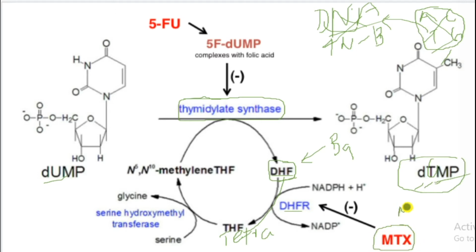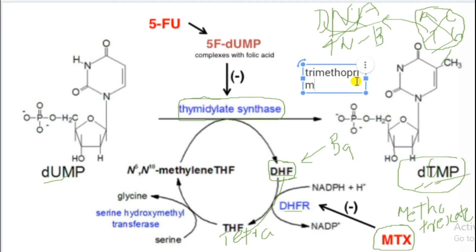Methotrexate and trimethoprim can block this enzyme dihydrofolate reductase. So this reaction won't occur.